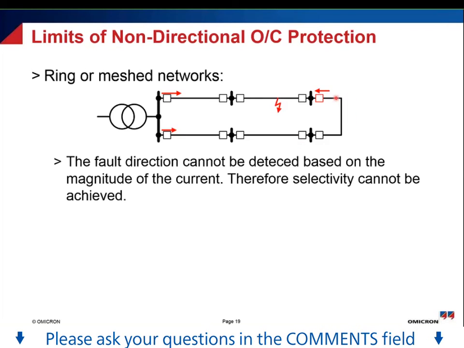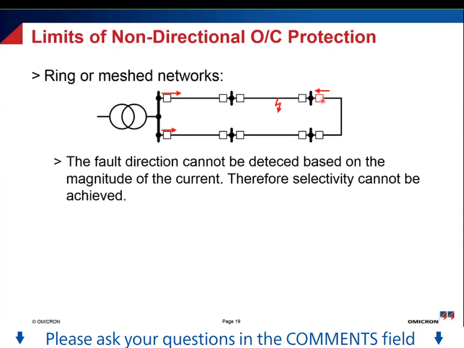And now, just based on the magnitude of the current itself, the protection device cannot decide on the direction of the fault. So for this protection device here, it doesn't know whether the current flows from right to left or from left to right.